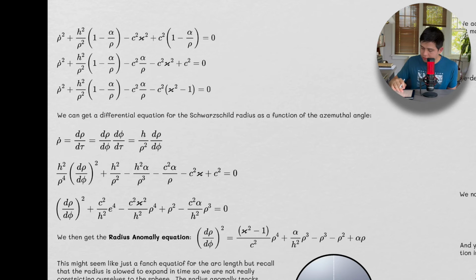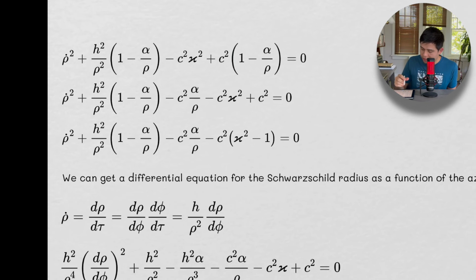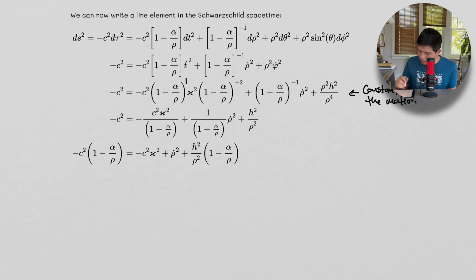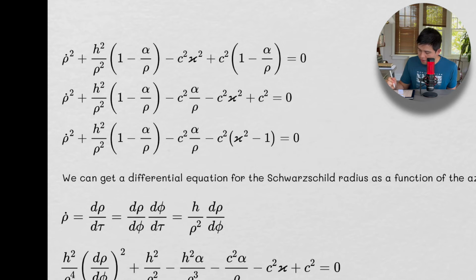If we move on, zooming in here, we can get to this point, right? It's not terribly difficult to just move things over to one side of the equation, which is what we're doing. And then here we're just expanding, right?